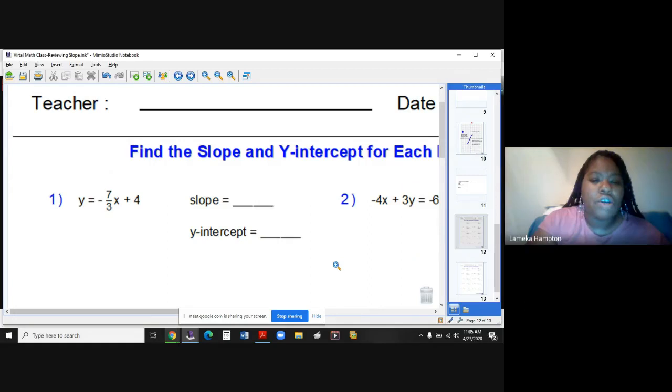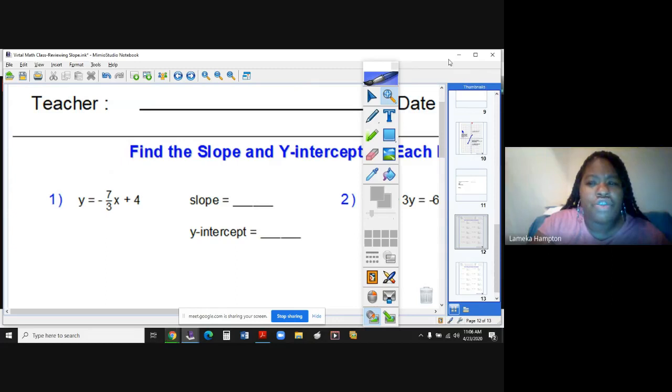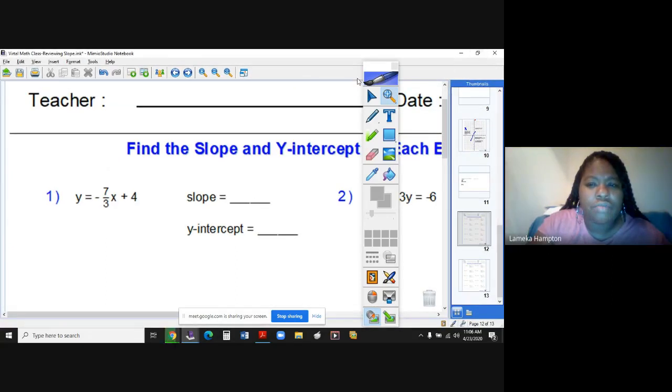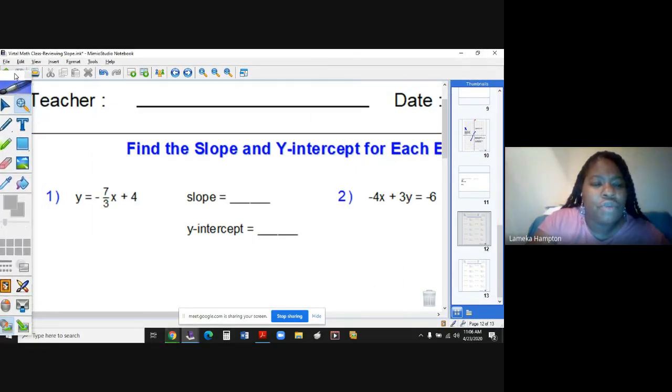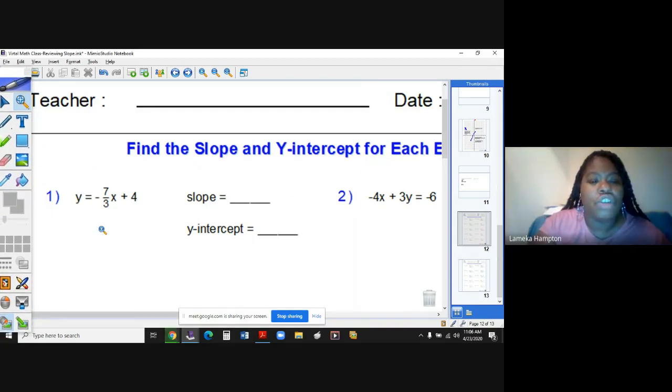All right. So all you had to do for this particular assignment was to identify the slope and the y-intercept. That was it. So remember, when it comes to the slope and the y-intercept, you want to make sure that you know which one is which.